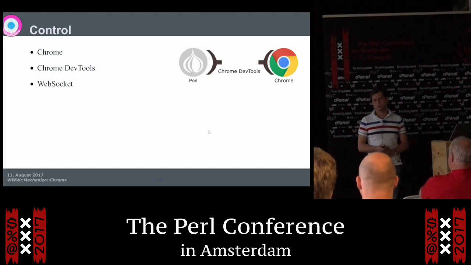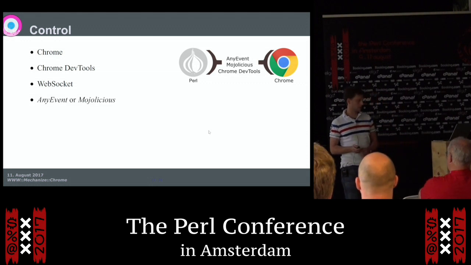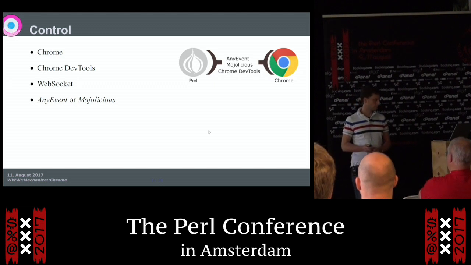You make a request there, and then you can open a WebSocket and talk with Chrome, trigger some APIs and get notifications about events. And using a WebSocket from Perl is not really hard. You can do it using AnyEvent or Mojolicious.